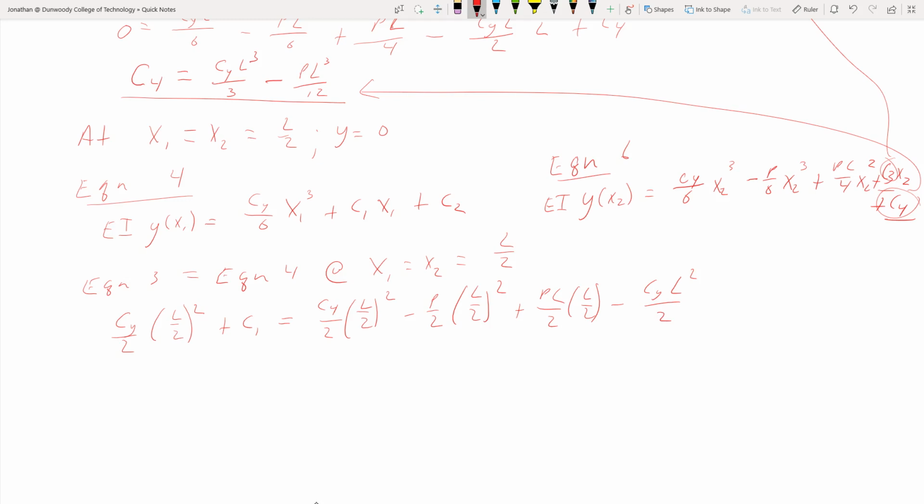So as I look at this guy, I'm trying to solve for C1 here. C4 I had from up here. So let's expand this out a little bit.